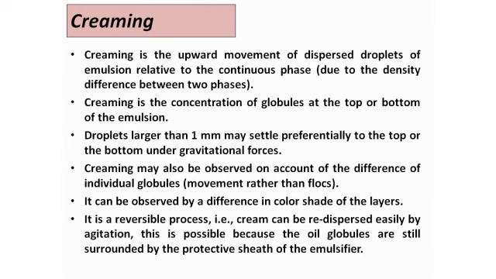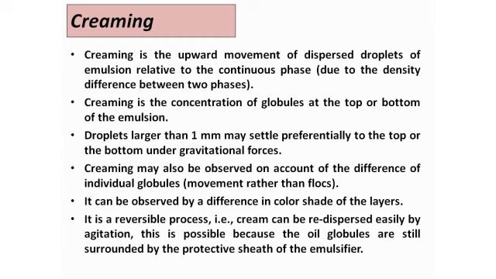This creaming is a reversible process, because if the cream has been produced, it can be redispersed very easily by agitation. By simple shaking, it can be redispersed, and this is possible because the oil globules are still surrounded by the protective sheet of the emulsifier.